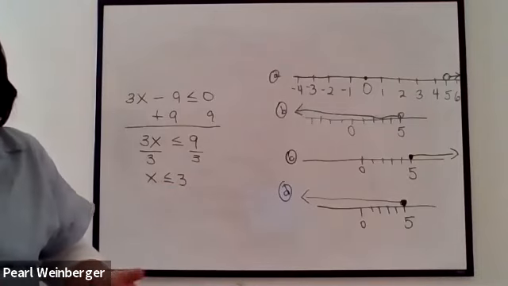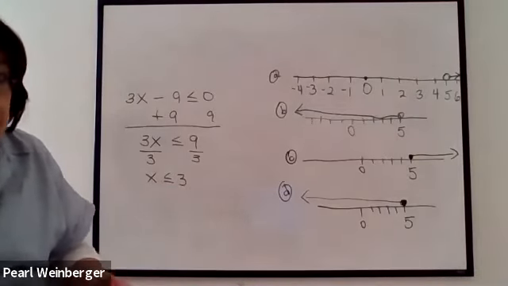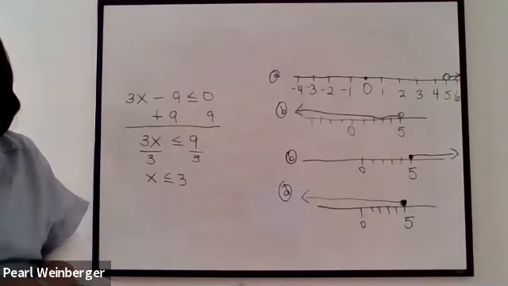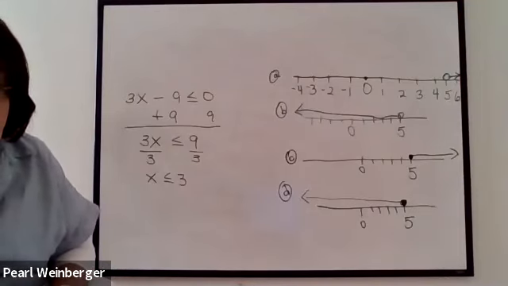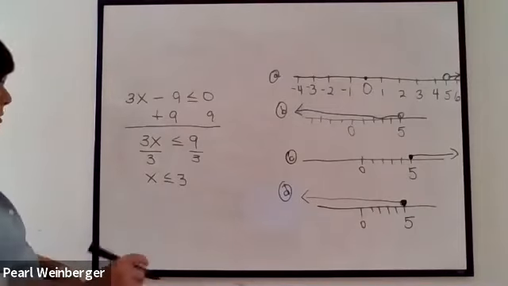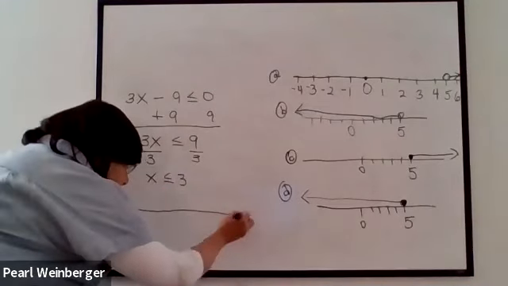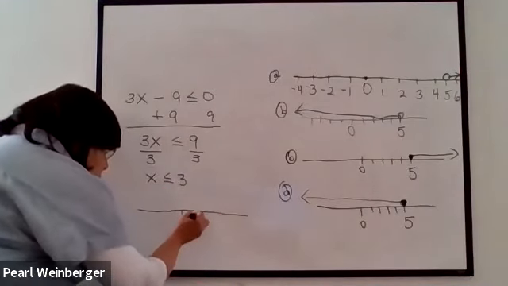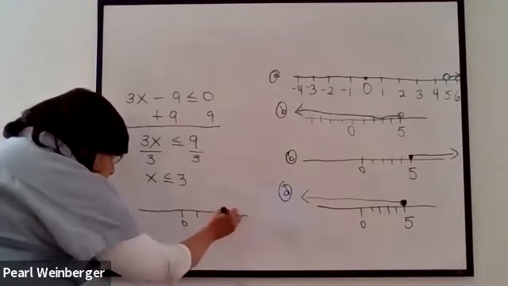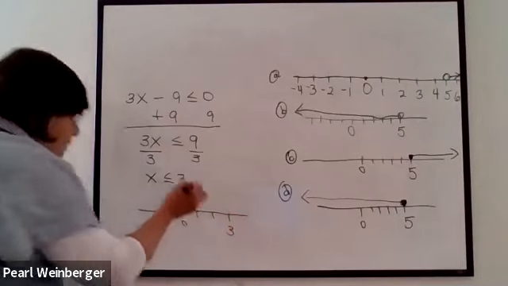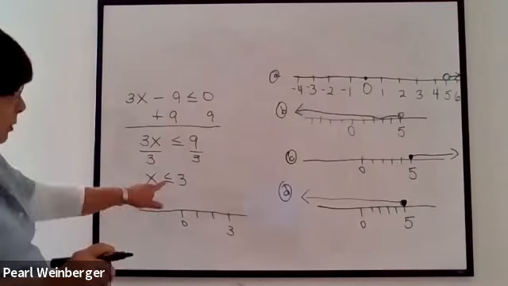Now, again, this is the solution of the inequality, and you could leave it that way, but very often we want to put the answer on a number line. Let's see what this would look like on a number line. So here's my 0, 1, 2, 3. So here's 3. And I look at this.